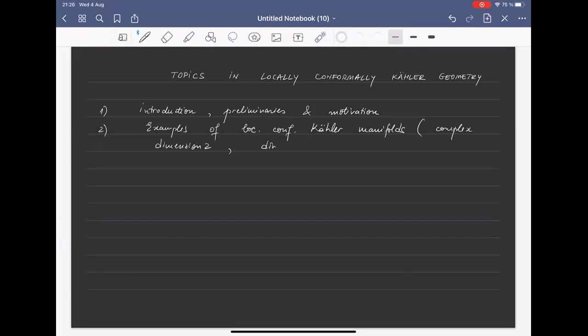but also in higher complex dimension, so at least 3. And I will spend quite a while to describe the geometric properties of locally conformally Kähler manifolds, focusing especially on Weismann manifolds.